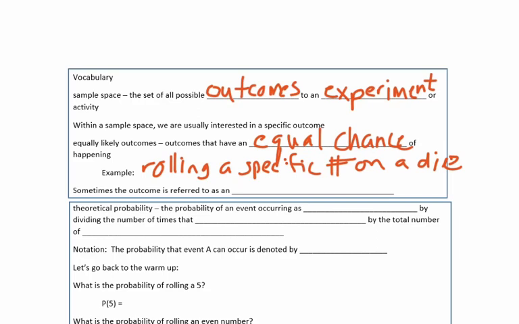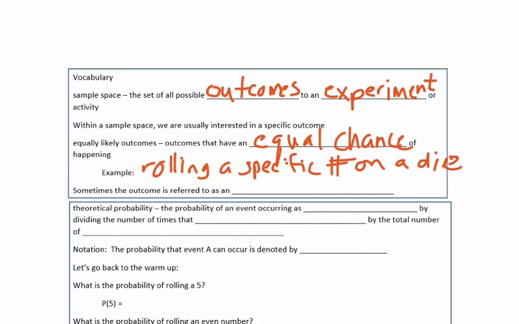If you have a regular standard 6-sided die, it's got the numbers 1, 2, 3, 4, 5, and 6, and there's an equal chance of rolling any one of those numbers. So if I roll the die once, I have an equal chance of rolling a 2 as I do a 5.